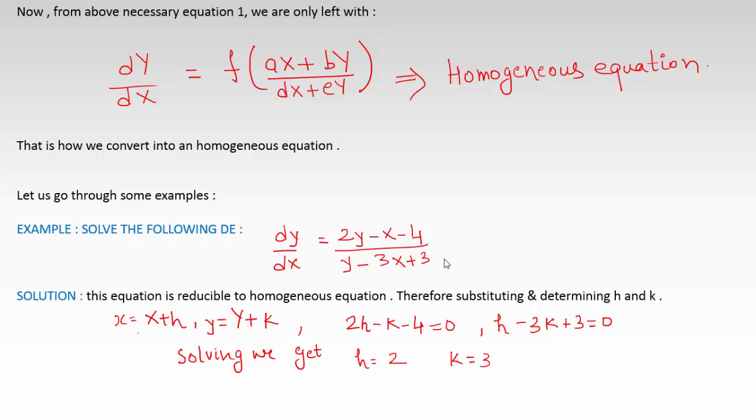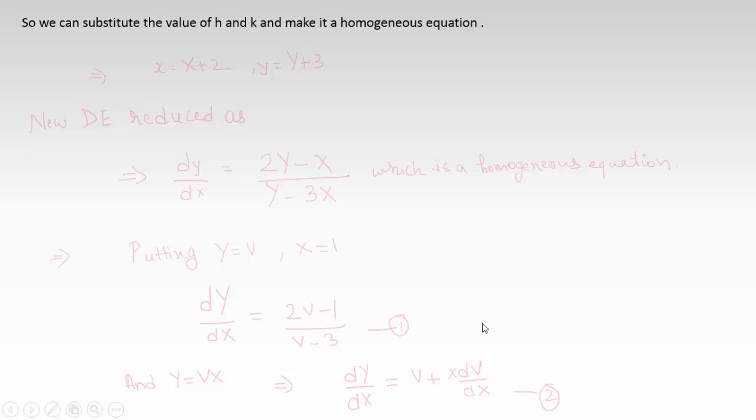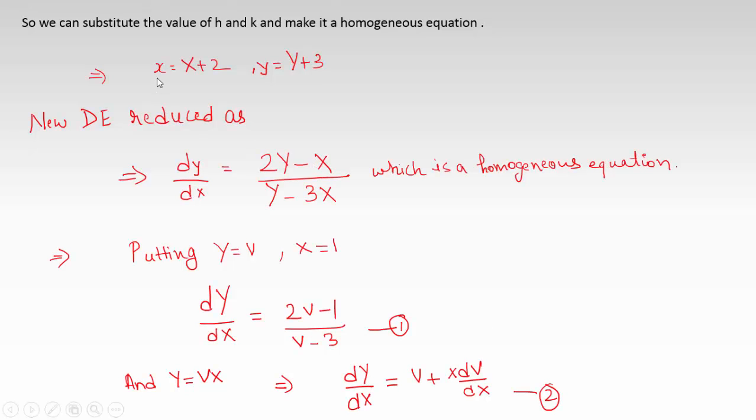So solving, we get h = 2 and k = 3 by simply eliminating these two equations. So substitute the values of x and y in the given DE. We get dy/dx = (2Y - X)/(Y - 3X). That is a simple homogeneous equation.